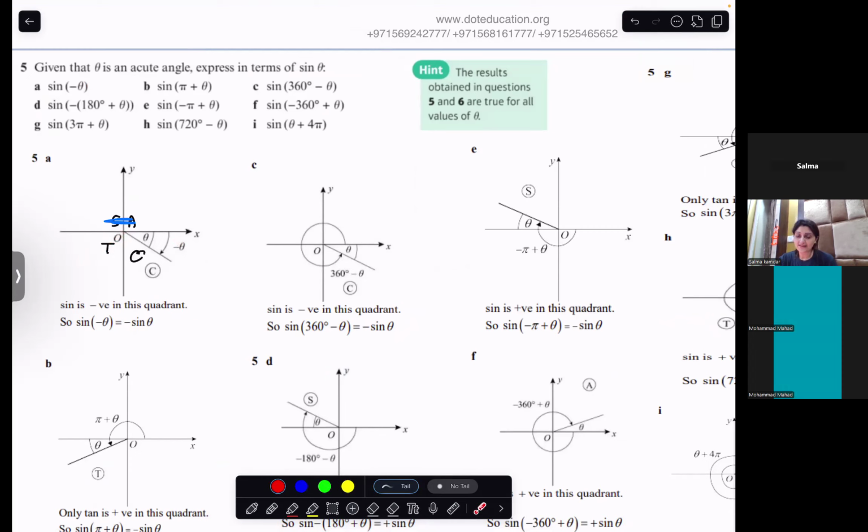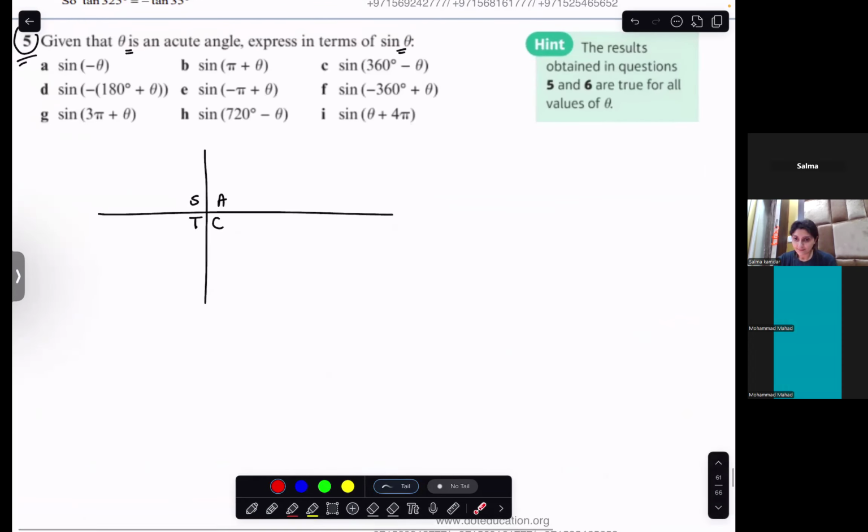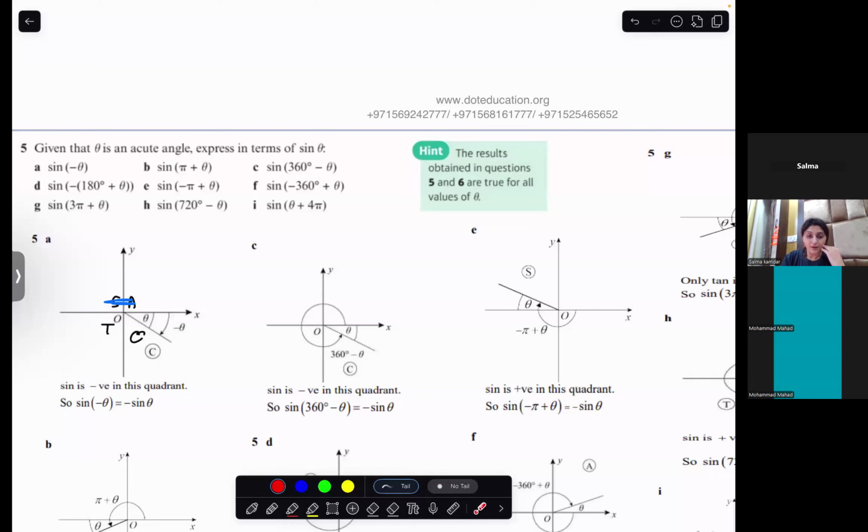Try the next one. So this is your minus theta. Sine is negative in this quadrant. This is the first, second, third, and fourth quadrant. It's negative in the fourth quadrant, and your theta is an acute angle.